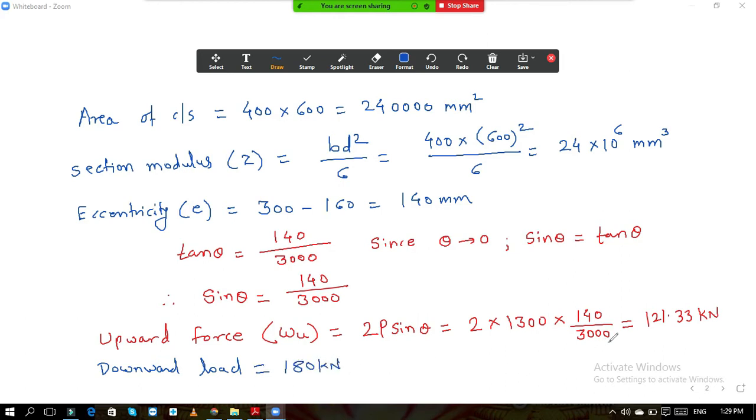So now the net downward force. Downward 180 is greater than this 121.33, which is moving up.